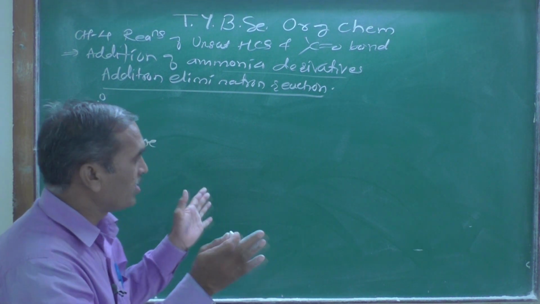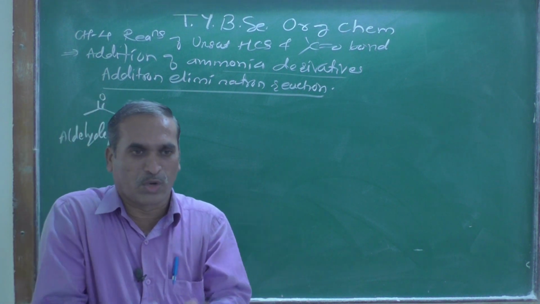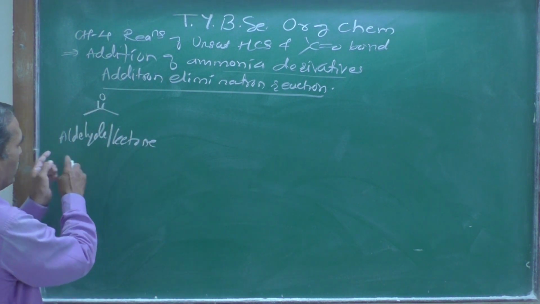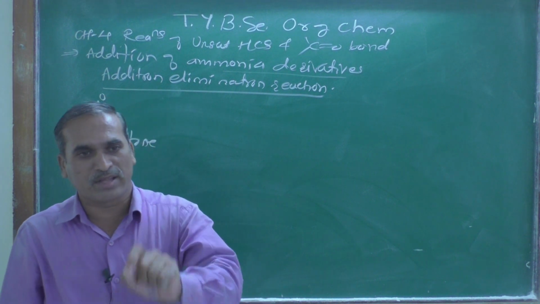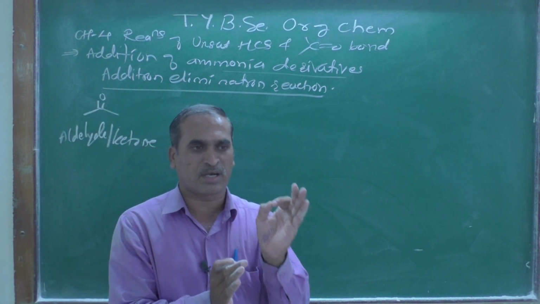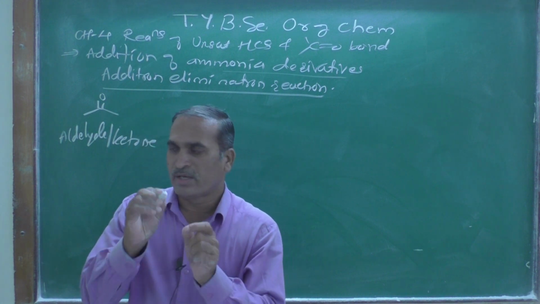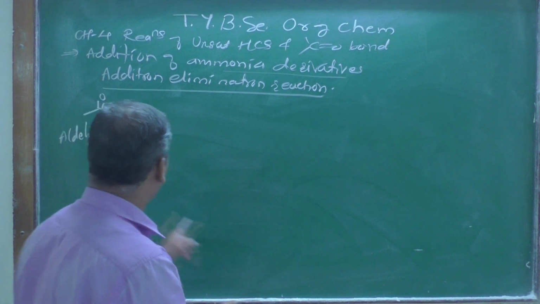These two words together, addition elimination, is what we are going to learn. Aldehyde and ketone contain a common group, the carbonyl, and that is why they are always referred to as carbonyl compounds.